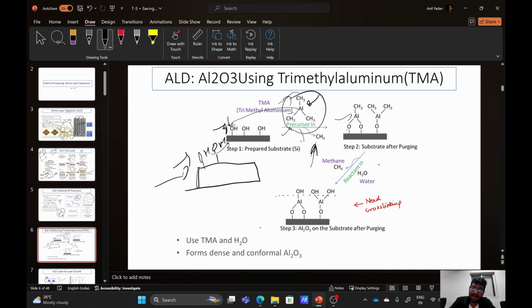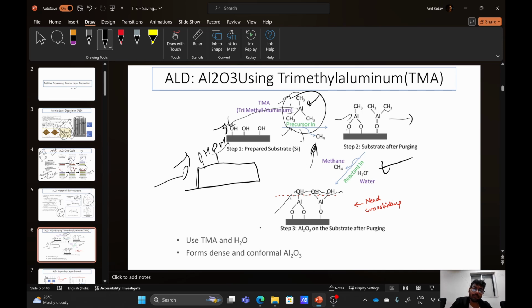After that you will purge the system so that the excess precursor gets removed. After the purging you will pass the H2O. In this case as well, when H2O reacts with the aluminum, this CH3 will get removed, and the same Lewis acid base reaction will happen, and the surface is again terminated with OH bonds.